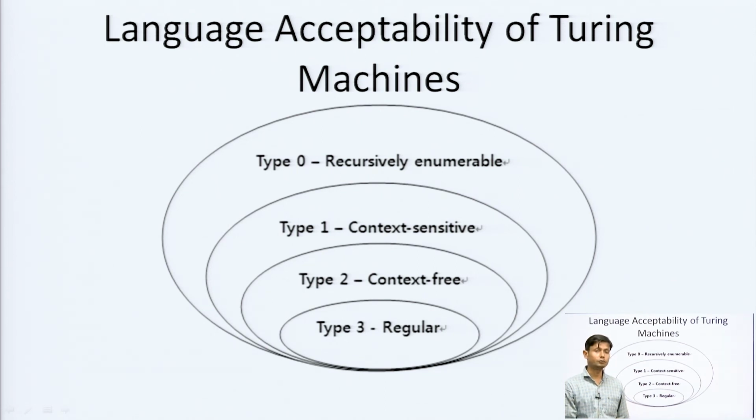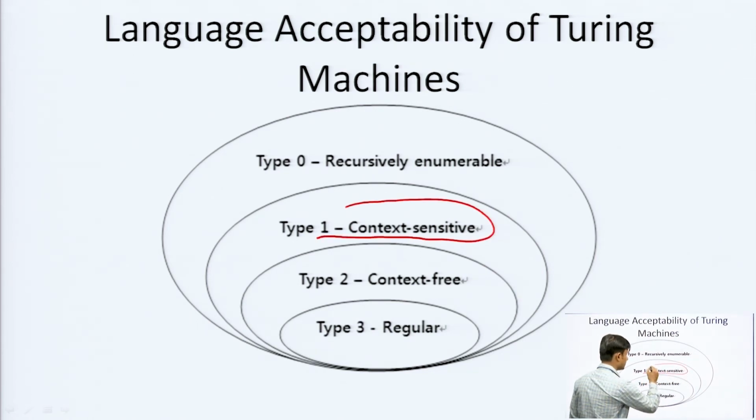For that we do not have the pushdown automata, so we have to choose the Turing machine. The Turing machine is the higher machine. Here is the context sensitive language, and here is the context free language.